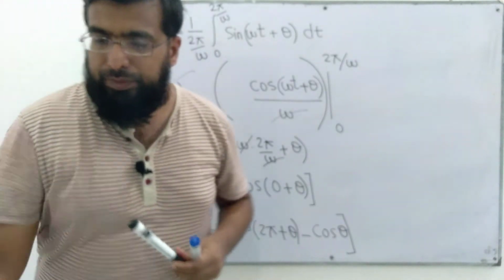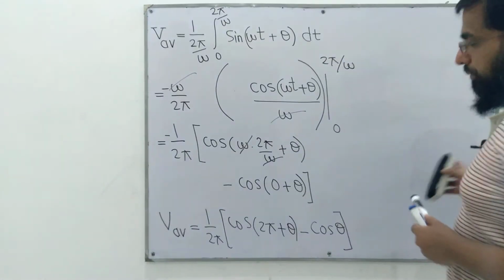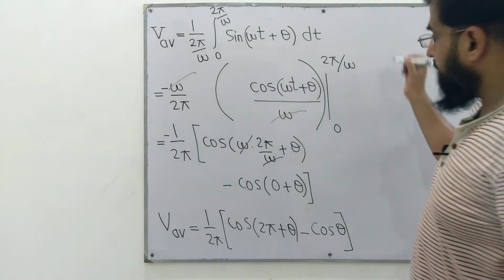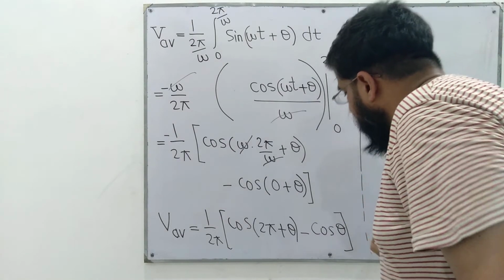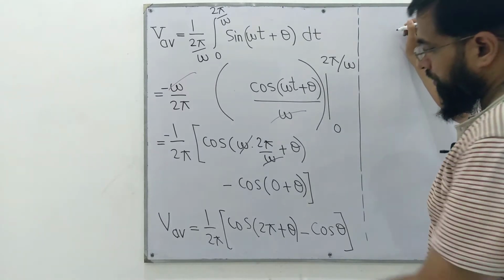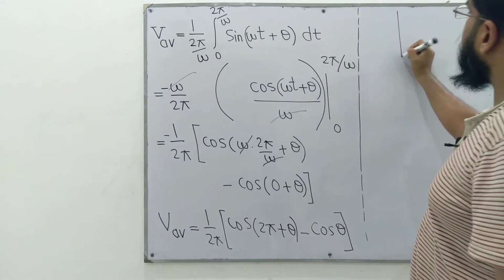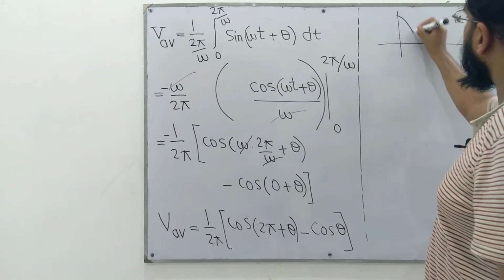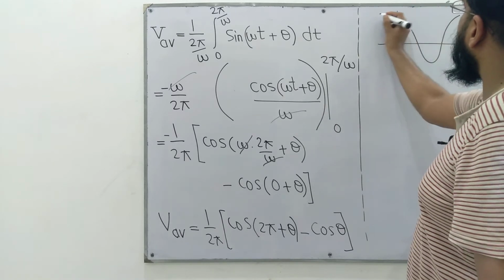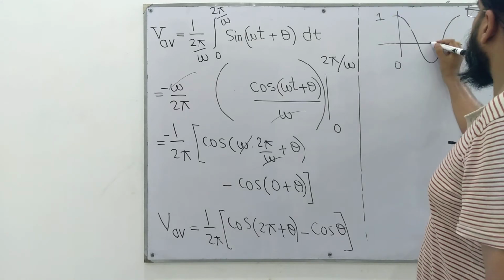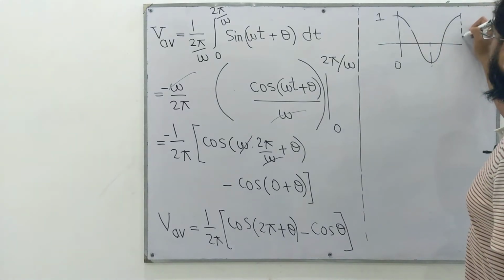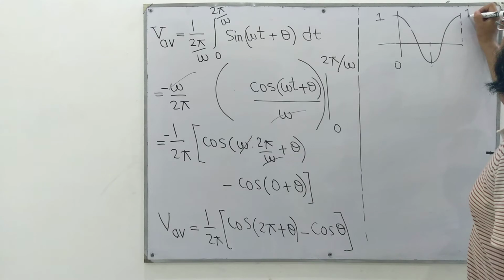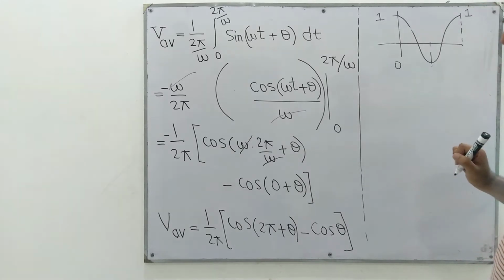Right. Let's see what this value is for different values of theta. Cos of omega t can be plotted as a signal having a value 1 at time t is equal to 0, minus 1 in the middle, and at the end of this time period it's also a 1.